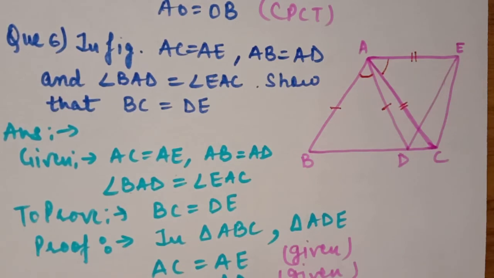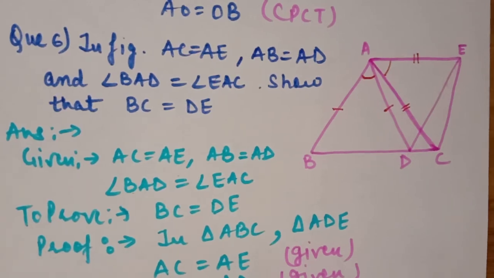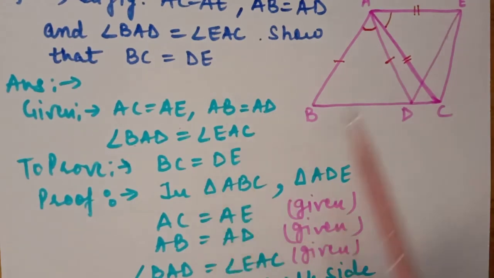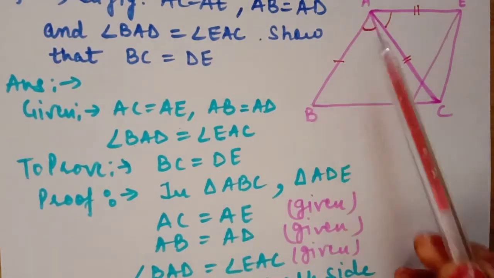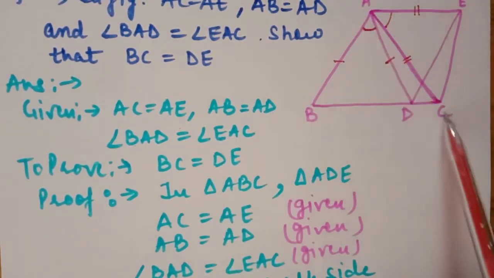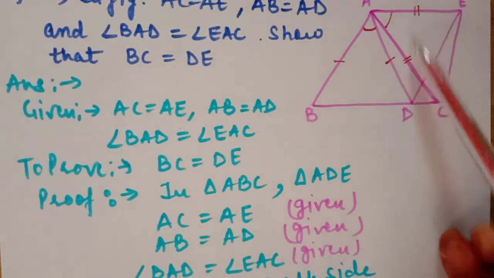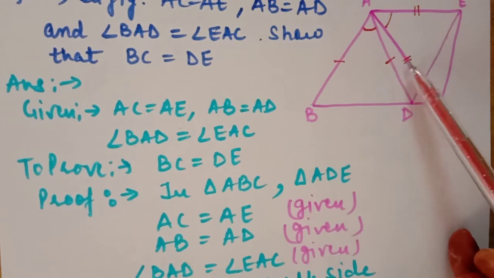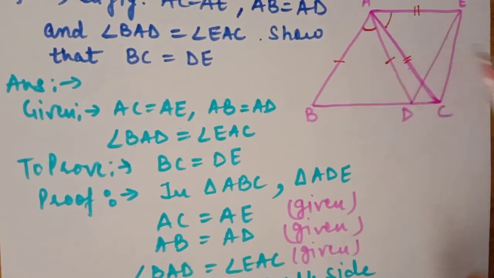Now students, it's very easy to decide. For this we have to prove two triangles congruent. Now we have to decide which two triangles. We have these two different pairs of sides which are equal to each other. We have to take one side from each pair in one triangle, then we are able to put them equal.